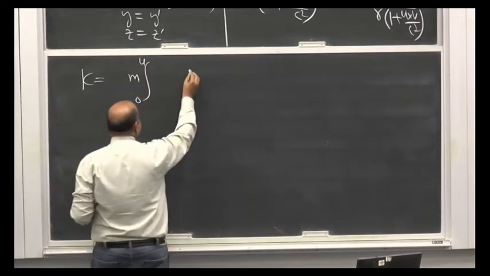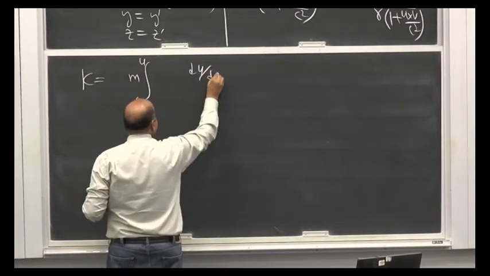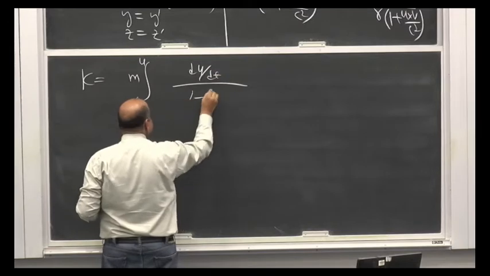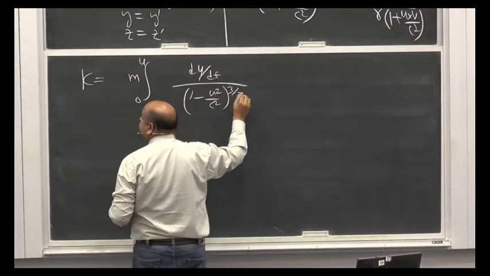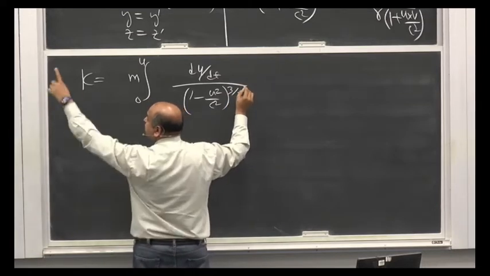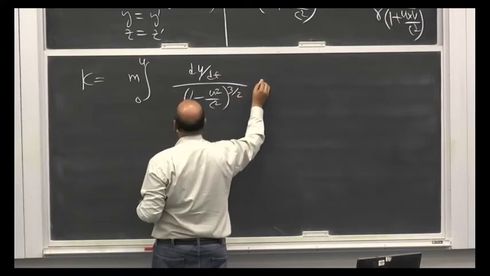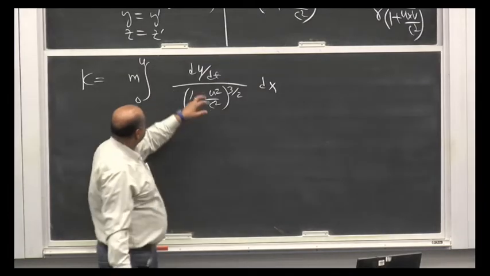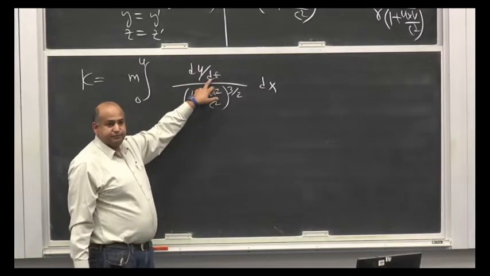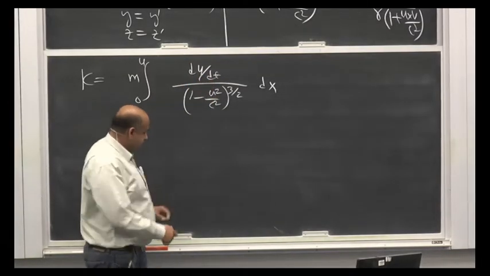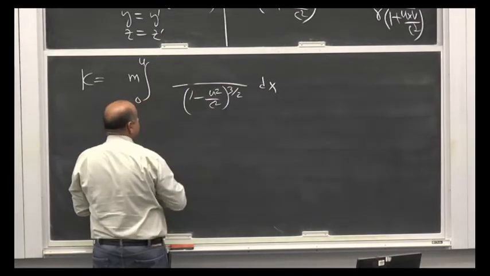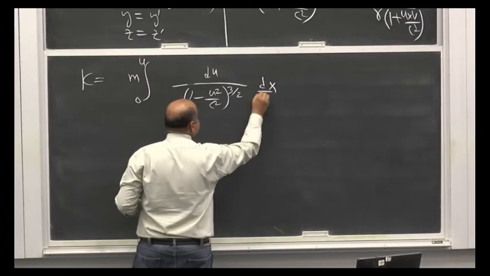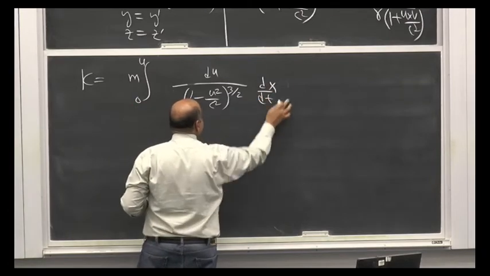We have du by dt, 1 minus u square over c square to the 3 by 2, and then there is this dx. So see, this is du by dt, so this dt I can pick up from here and put it under the dx. So this is nothing but u.